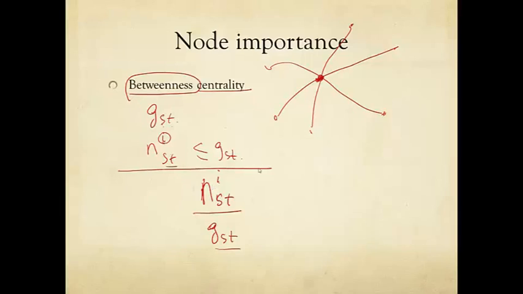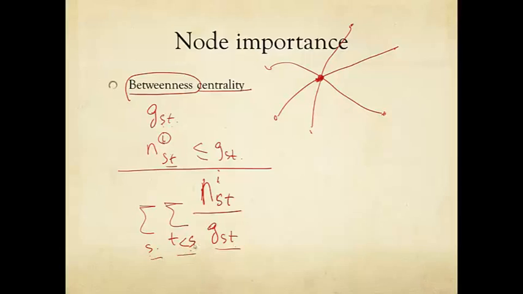Now this expression, we then have to sum up across s and t. But if we sum up across both s and t indices, we're actually double counting all the node pairs, which is fine if you want to stick to that convention, but most books stick to the following convention. You just order all the nodes, and therefore you sum across all the s and then all the destination t that's less than s in the ordering of the nodes.